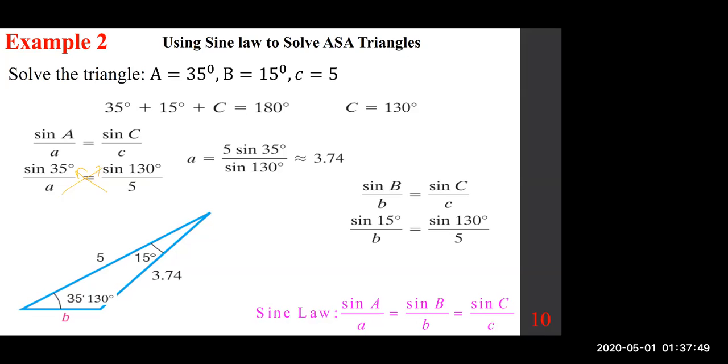So 5 times sine 15 divided by sine 130 must be B. Very simple, I think, very straightforward. I honestly can't imagine anybody having difficulties with this. Am I right? So we are hopefully in good shape when it comes to this stuff. Okay, very straightforward, very simple.